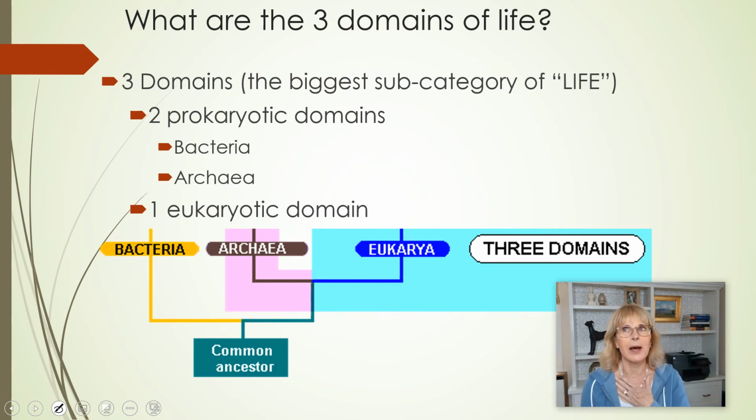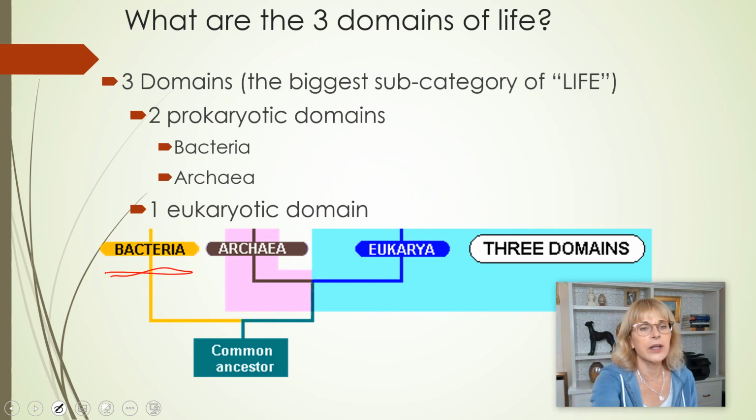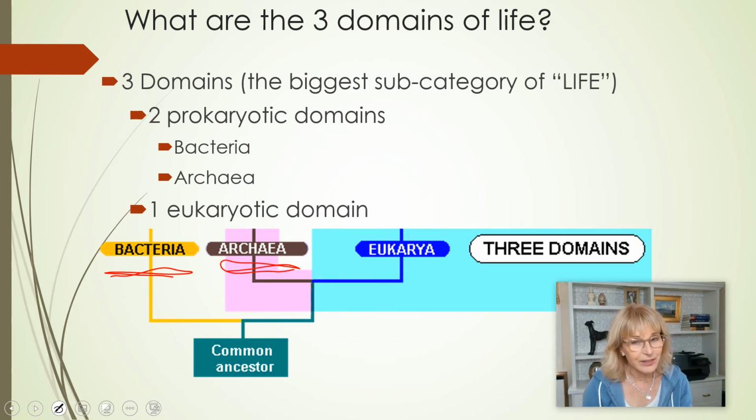Remember when we were learning about DNA and we learned about the different codons and the codon chart? When it comes to that little genetic code, bacteria have got a separate way of coding their DNA. The archaea, honestly, they look just like bacteria, but they speak an entirely different language in that code.